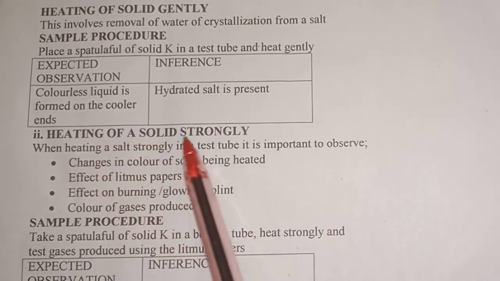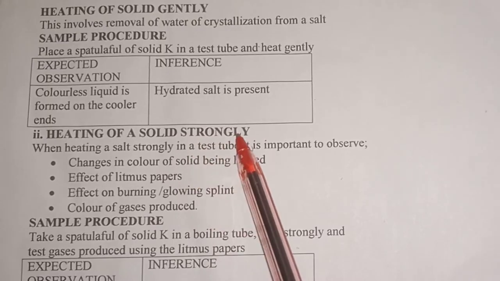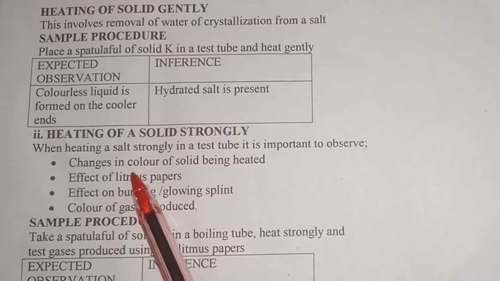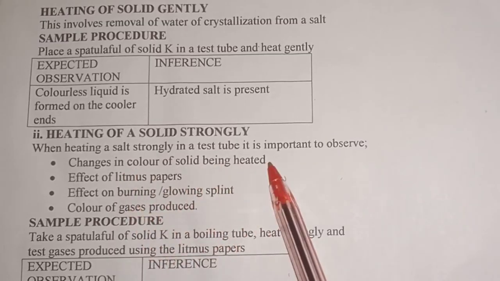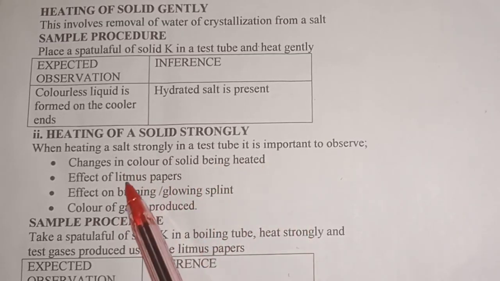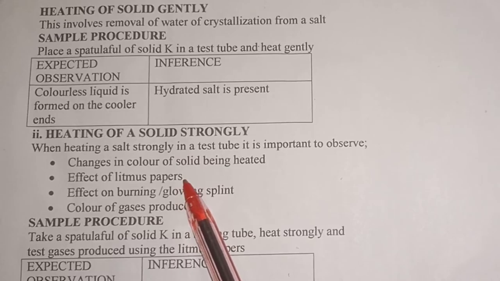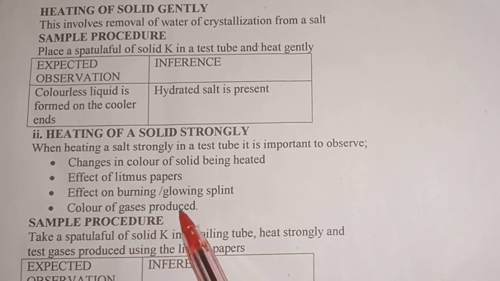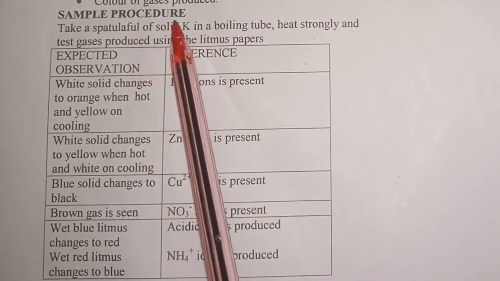Now, we have heating of a solid strongly. When we are heating strongly, it is important to observe changes in the color of the solid being heated, effect on litmus papers, effect on burning or a glowing splint, and color of gases produced. So here we have a sample procedure.